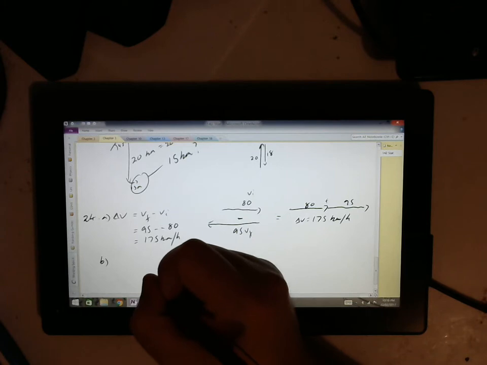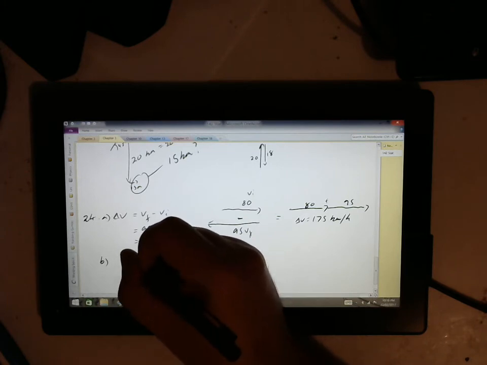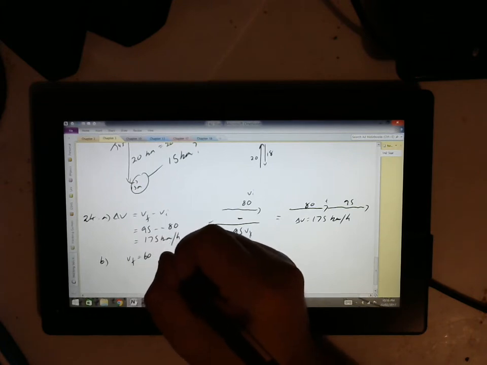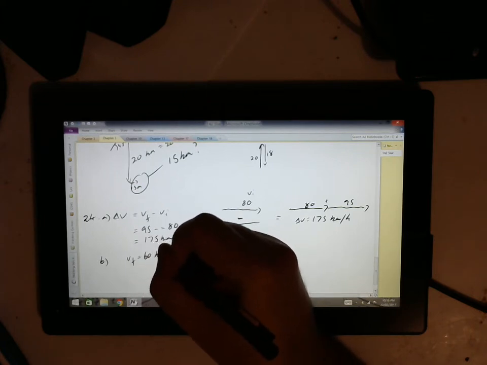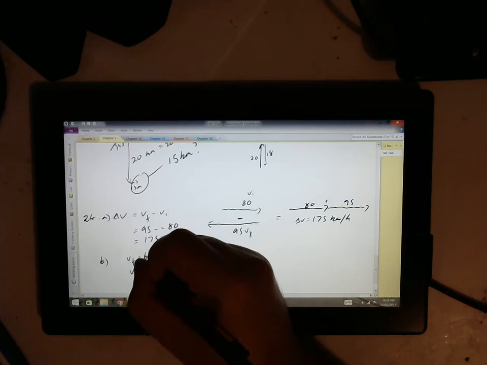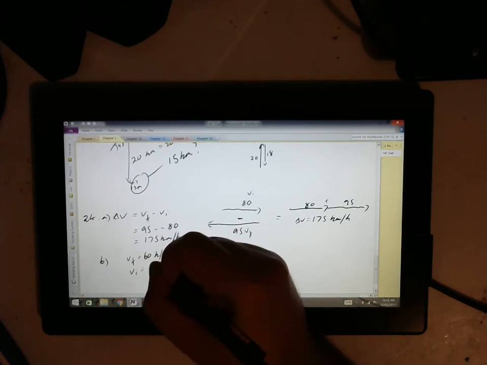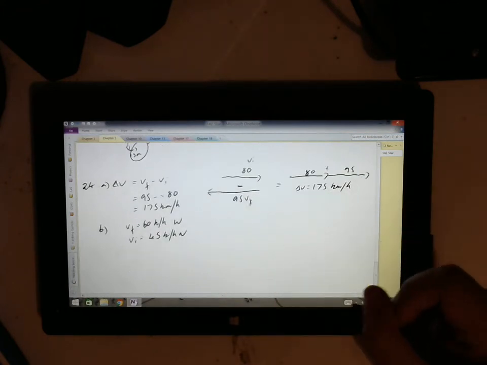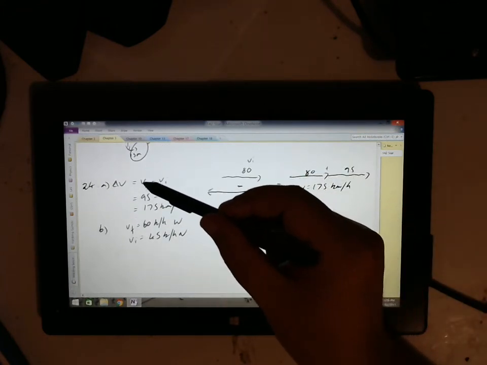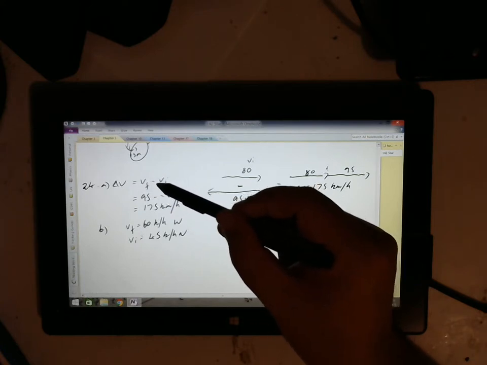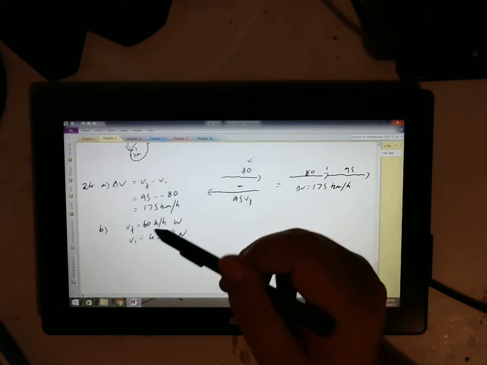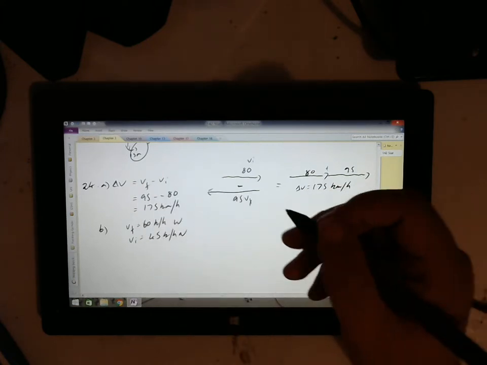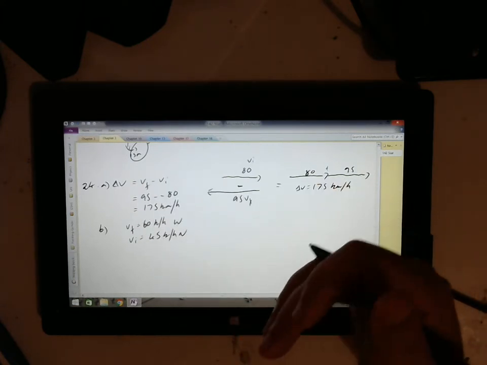We have here VF equals 60 k per hour west, VI equals 45 k per hour north. We can't really do this by definition of difference because they're not in the same line, so we're going to have to draw it and then see what we do from here.